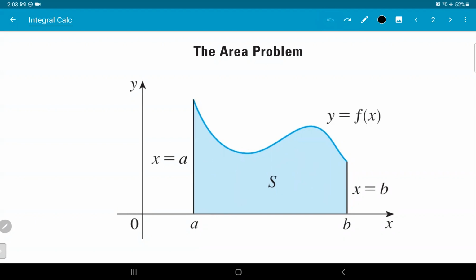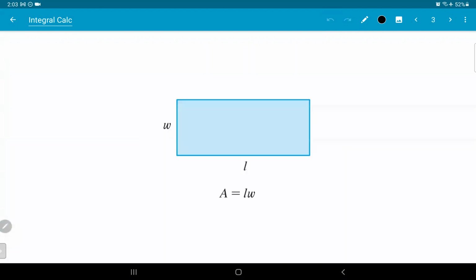Now, finding the area of a curved region is not as easy as for a polygon whose sides are line segments. It is easy to understand the area of a rectangle, where you simply measure the length and the width and multiply the dimensions to get the area. Nothing so difficult about that.